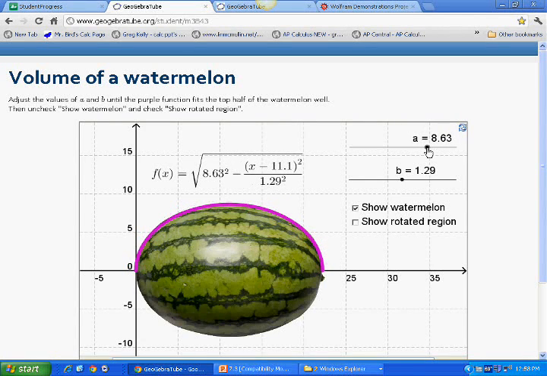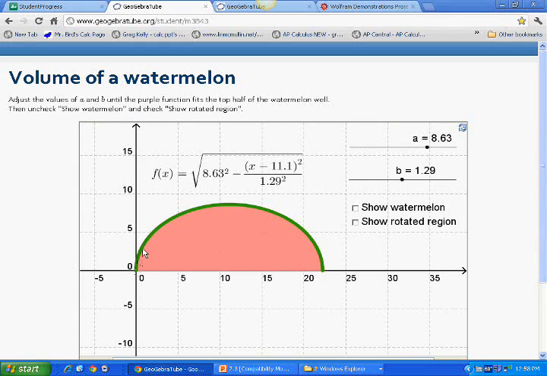Okay, that's not too bad. So now what we have is the top half of our watermelon. I'm going to take my watermelon out, and we've seen that the top half of this watermelon is the ellipse with this as the equation.